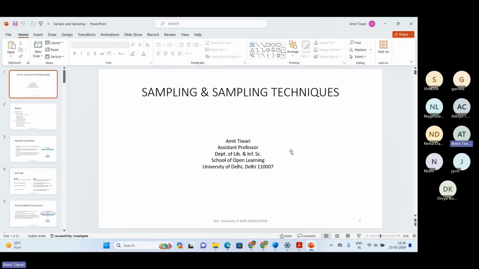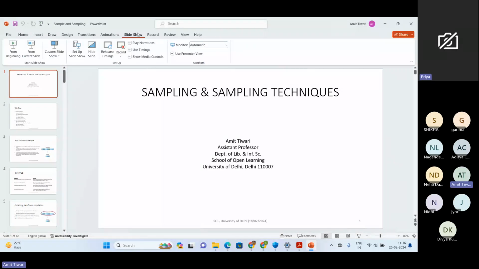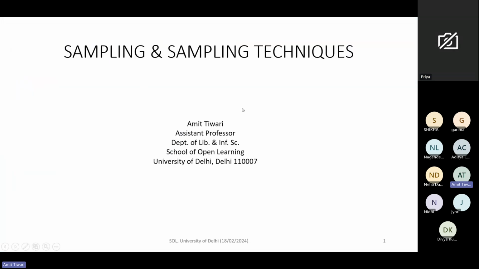You can't go to each and every individual of this country and ask about that particular aspect. It would be so time consuming, and take so much effort and money. So it was realized that we go for sampling, and about that we are going to discuss.